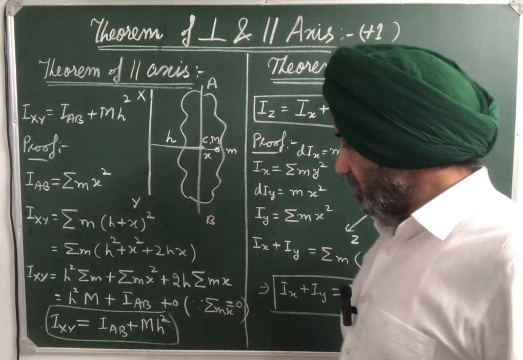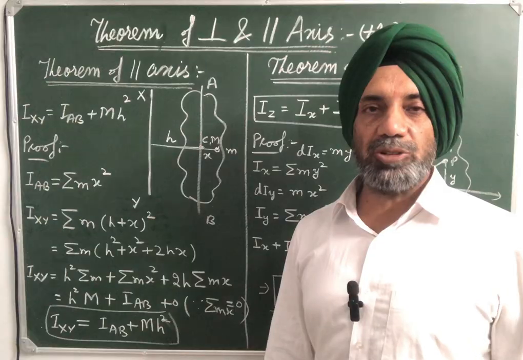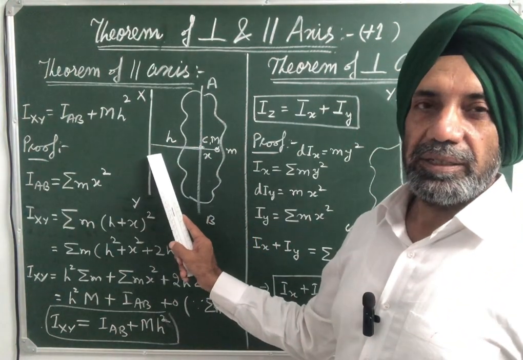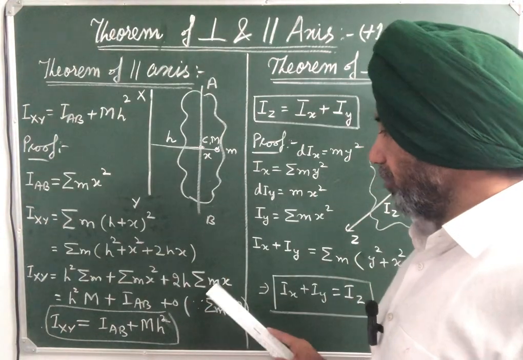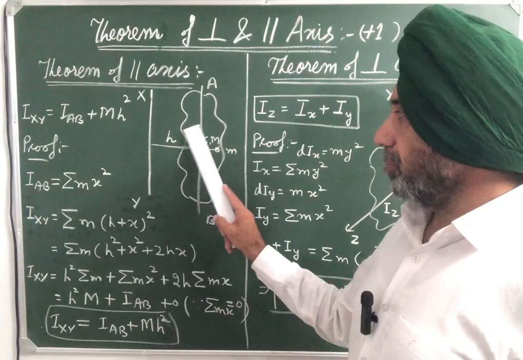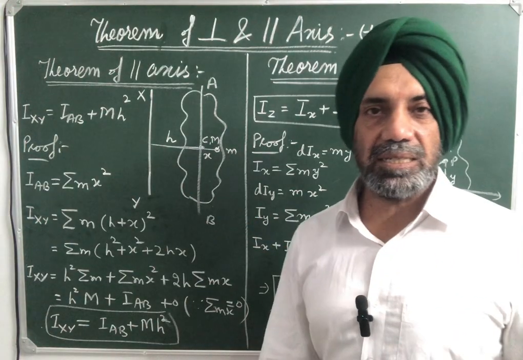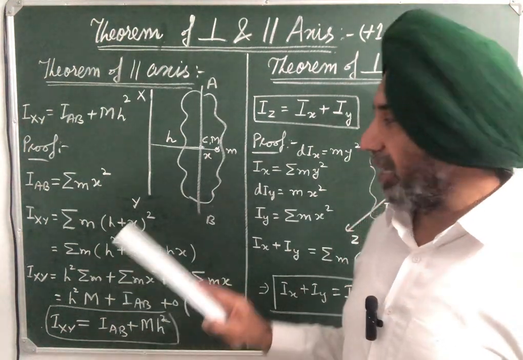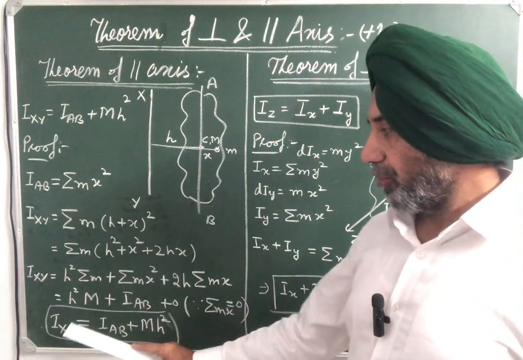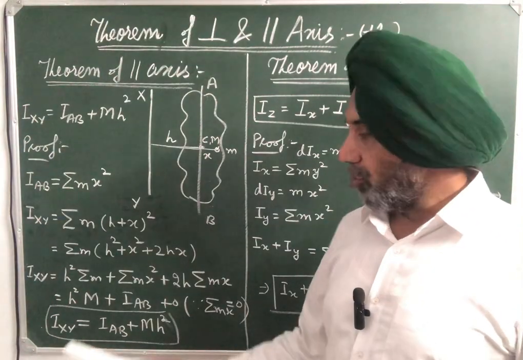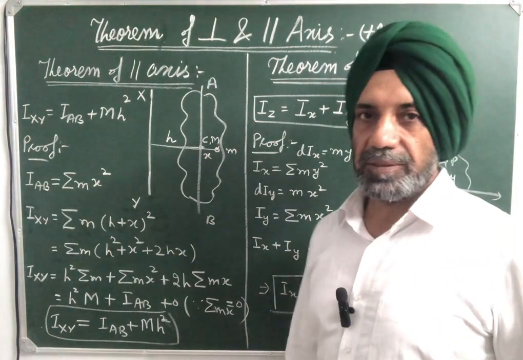Why is summation m x 0? Because the body is balanced about the center of mass. Either distances will be positive or negative. So the algebraic sum m1 x1 plus m2 x2 and so on, that is summation m x, will be 0 because the body is balanced about the center of mass. This is by definition of center of mass. So therefore IXY is equal to IAB plus M h square, which is the required theorem of parallel axis.